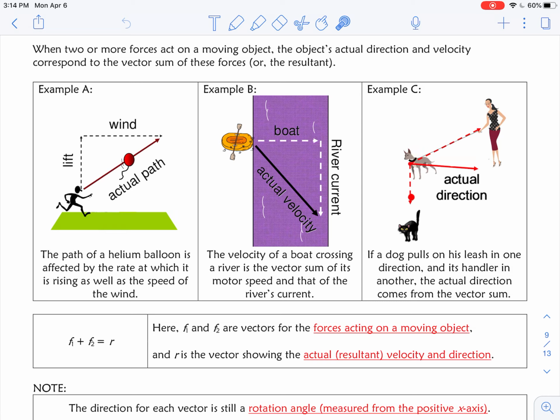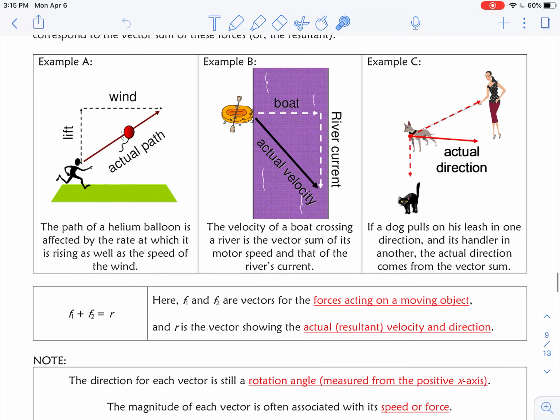In example C, we have the dog who's going after the cat. His vector is going towards the cat, but the owner is pulling the leash back, and so the actual resultant vector is going to be going in this direction here.